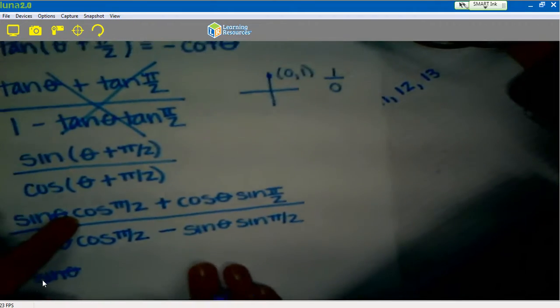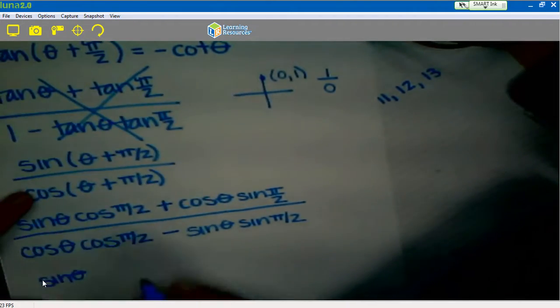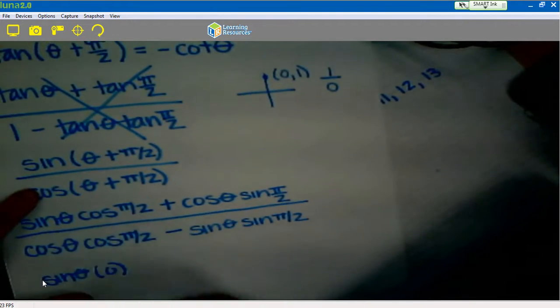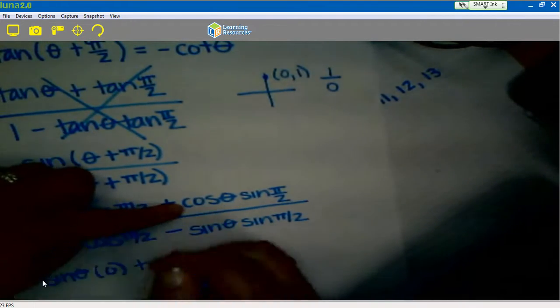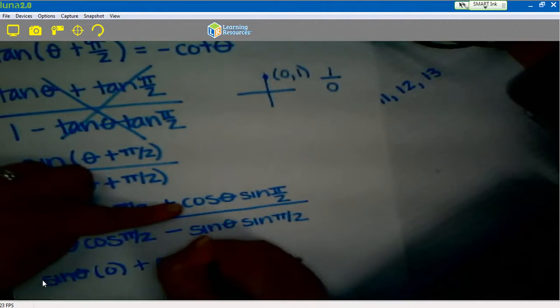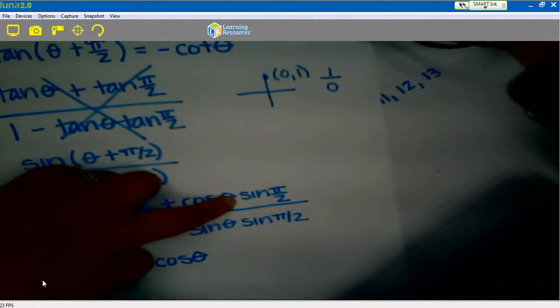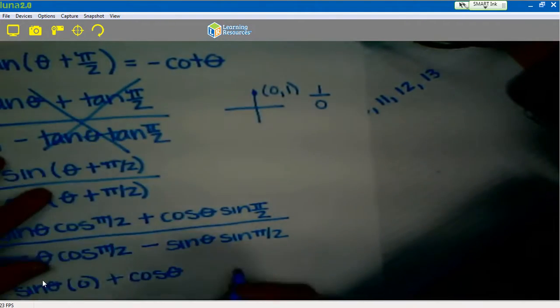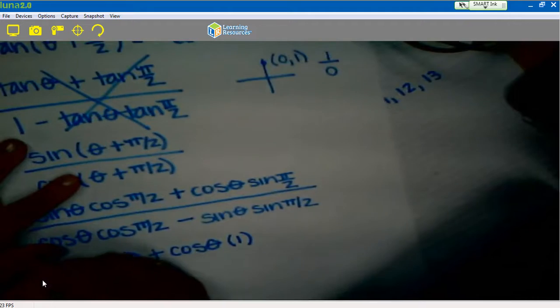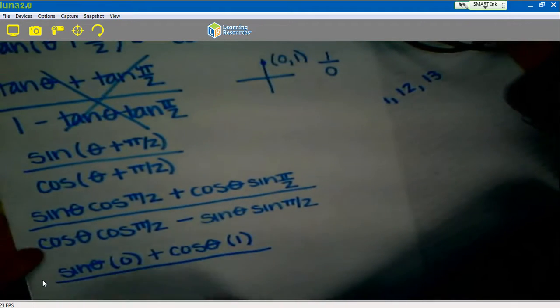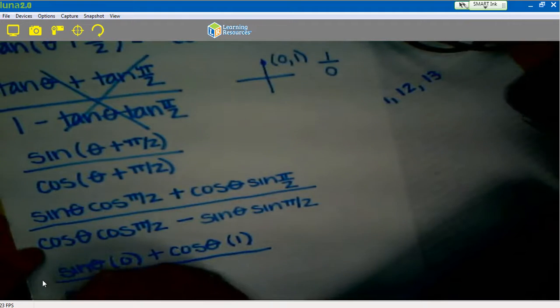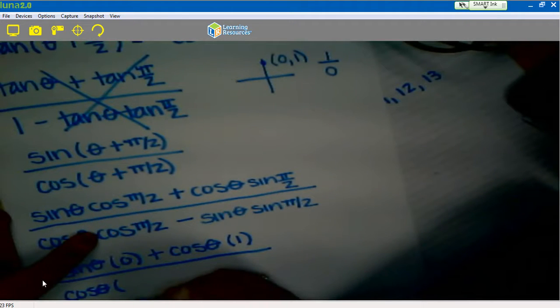The cosine of pi over 2, cosine is an x value, so that's 0, plus cosine of theta times the sine of pi over 2. Sine is a y value, that y coordinate is 1. All over cosine theta times cosine pi over 2, which again is 0, minus sine theta times sine of pi over 2, which is 1.